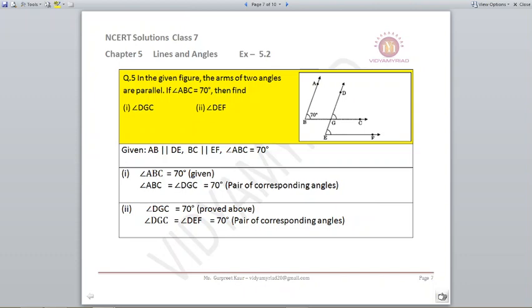Your angle ABC will be equal to angle DGC, which is 70 degrees, because they are forming corresponding angles. Same way, your angle DGC will be equal to angle DEF. They are also forming corresponding angles. So both the missing angles are 70 degrees. DGC is 70 degrees and DEF is also equal to 70 degrees.